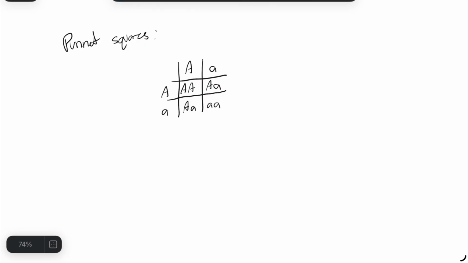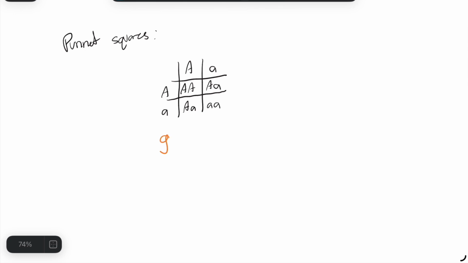This is a way we can see that if we cross two heterozygous organisms, we will have a 25% chance of a homozygous dominant genotype, 50% chance of heterozygous genotype, and again 25% chance of a homozygous recessive genotype. Like we mentioned earlier, this does not accurately reflect the ratio for phenotype.